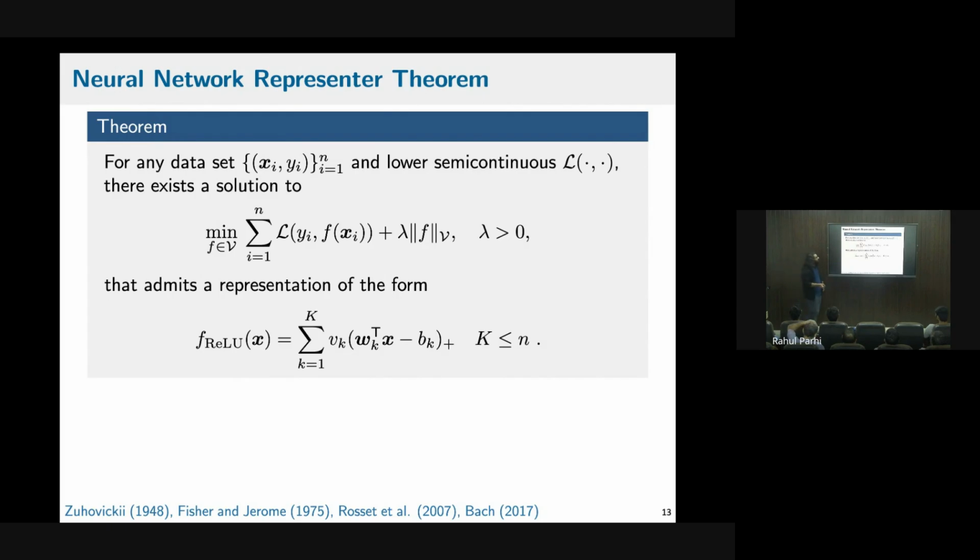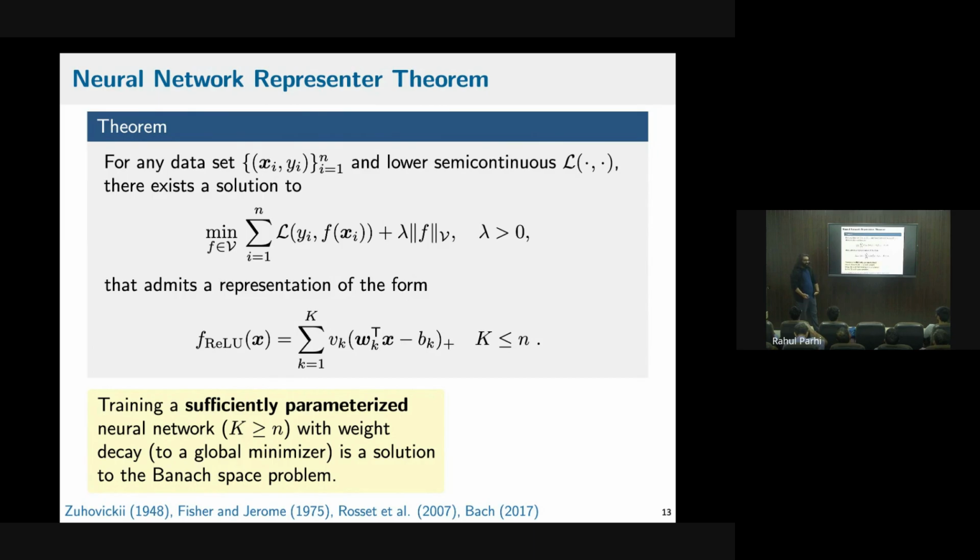So if someone hands us any data set of XY pairs and then some loss function, you can show that if you look at this optimization problem here over functions in the variation space, and I'm doing data fitting plus regularization, where the regularizer is now the norm in this Banach space, there always is a solution that you can write like this. So it's a finite width ReLU neural network, and in particular, the solutions are sparse in the sense that the number of neurons in the solution is bounded by the number of data that we're trying to fit.